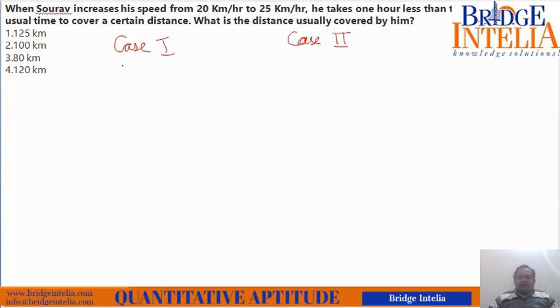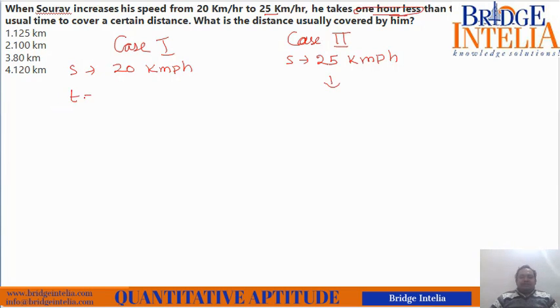Different speeds in different cases. So here speed is 20 kmph, whereas here the speed is 25 kmph. So when your speed is less, you are going to take more time, or you can say when your speed is more, you take less time.